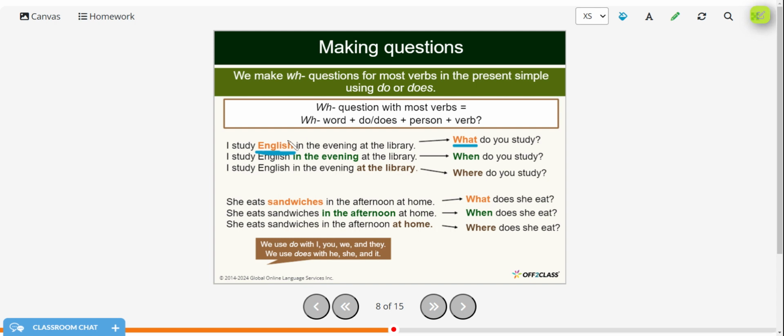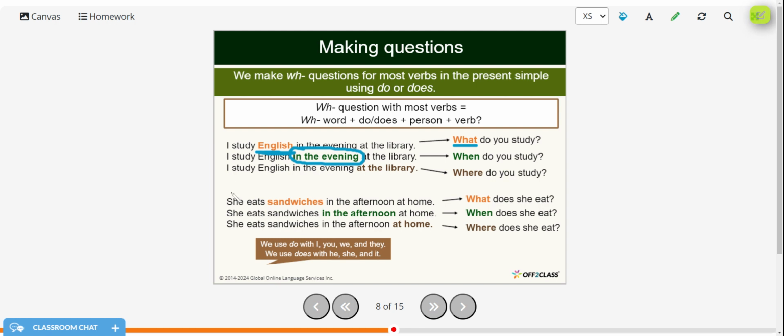English is a thing and we want to know what the person studies. Now, maybe we already know that they study English at the library, but we want to know the time. We want to know the in the evening part. So that would be a when question. When do you study? I study English in the evening at the library.